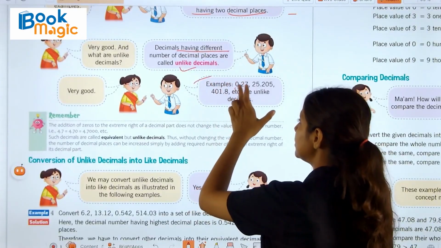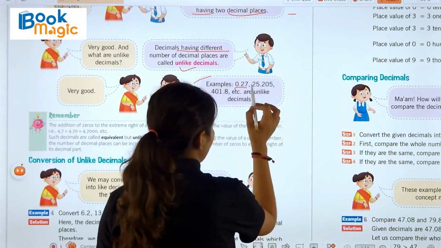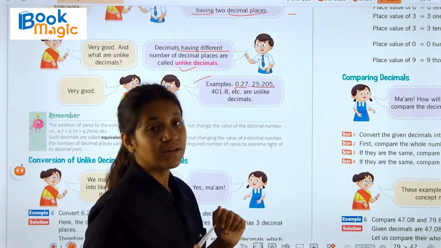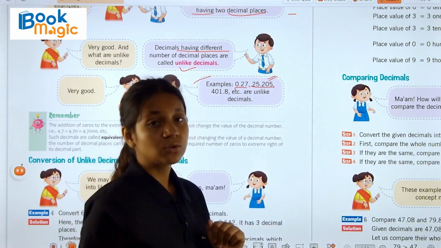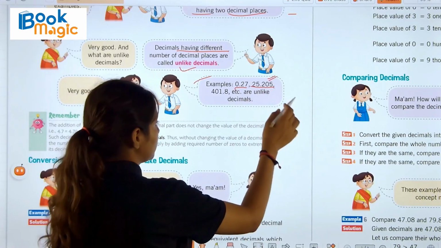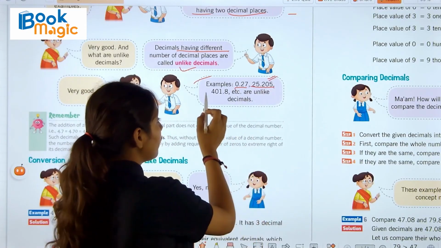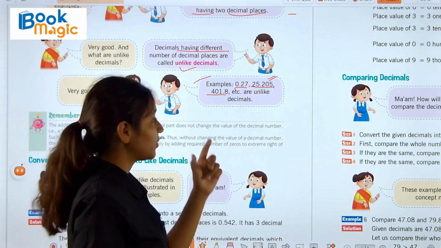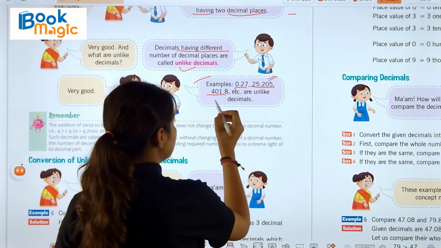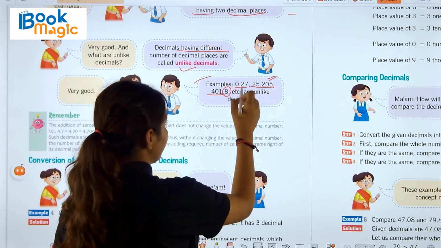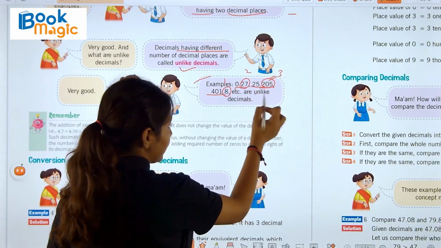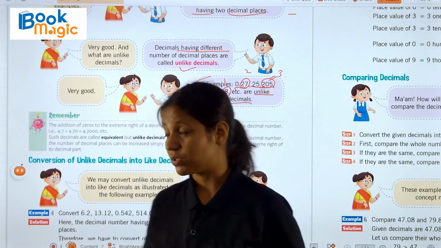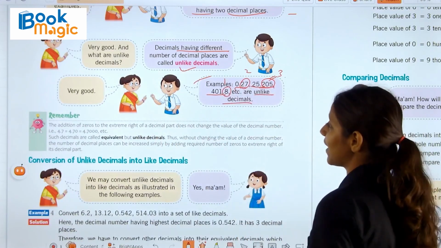Example: 0.27, 25.205 and 401.8. As you can see here, this one has only one decimal place, this one has two and this one has three decimal places. That means they are unlike decimals. So teacher replied, very good.